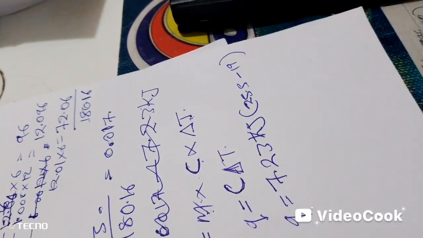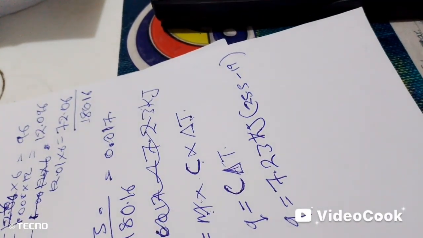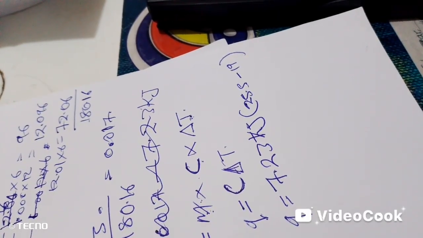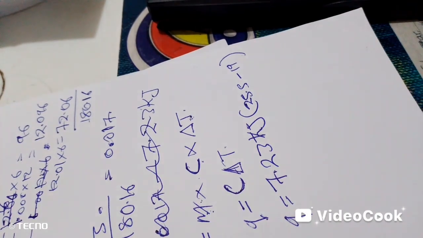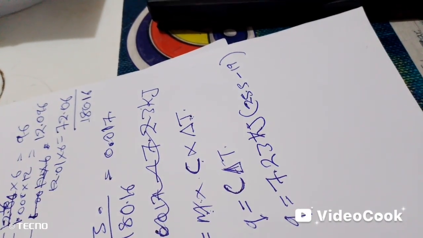So on the calculator, we have 7.23 times 25.5 minus 19.